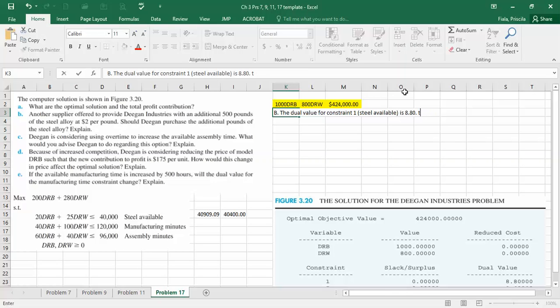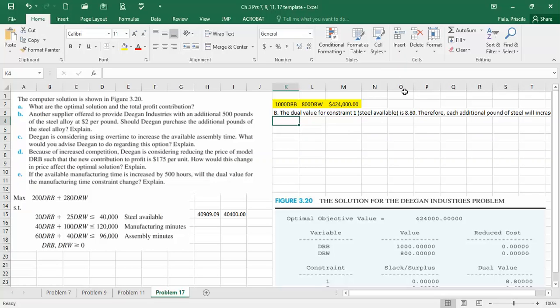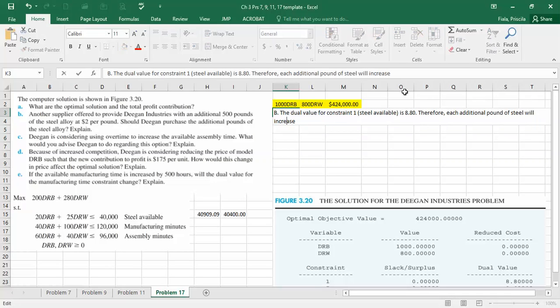Therefore, each additional pound of steel will increase profit by 8.80. At $2 per pound, Digan should purchase the additional 500 pounds, correct?